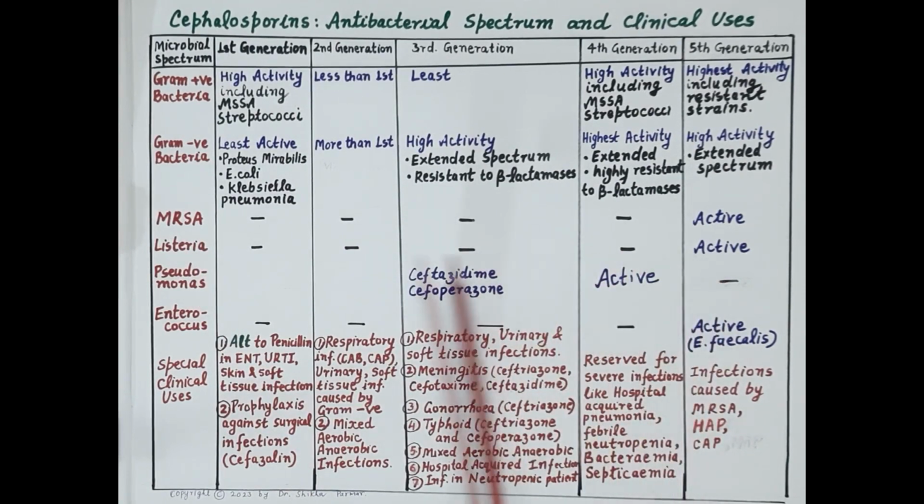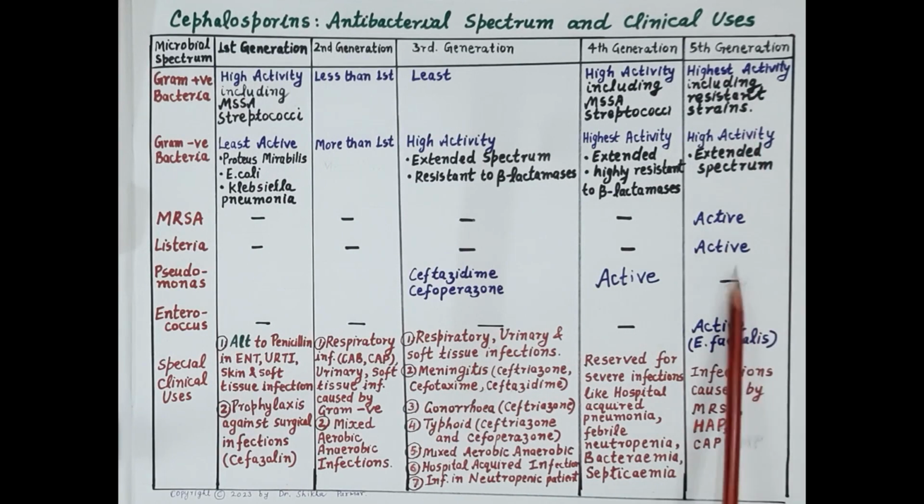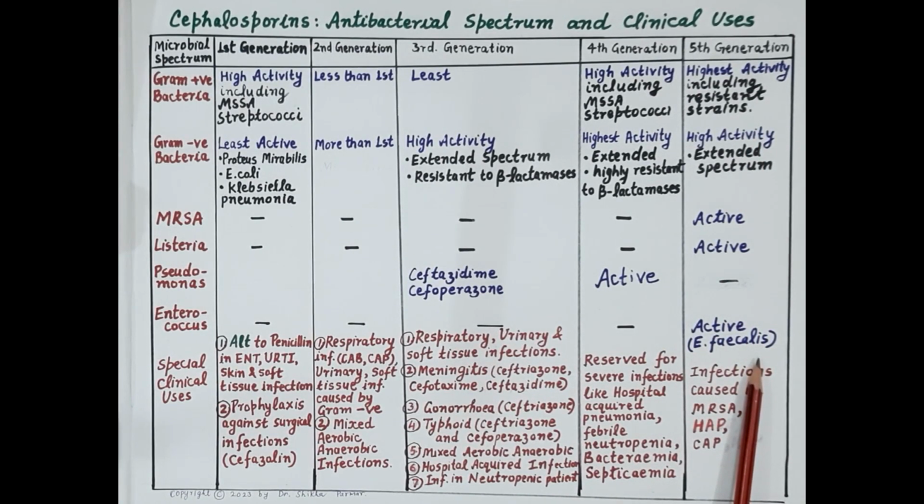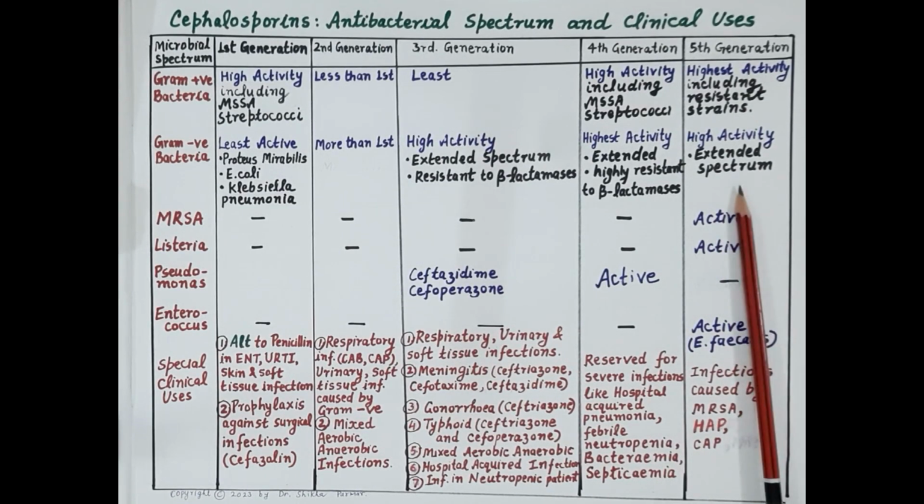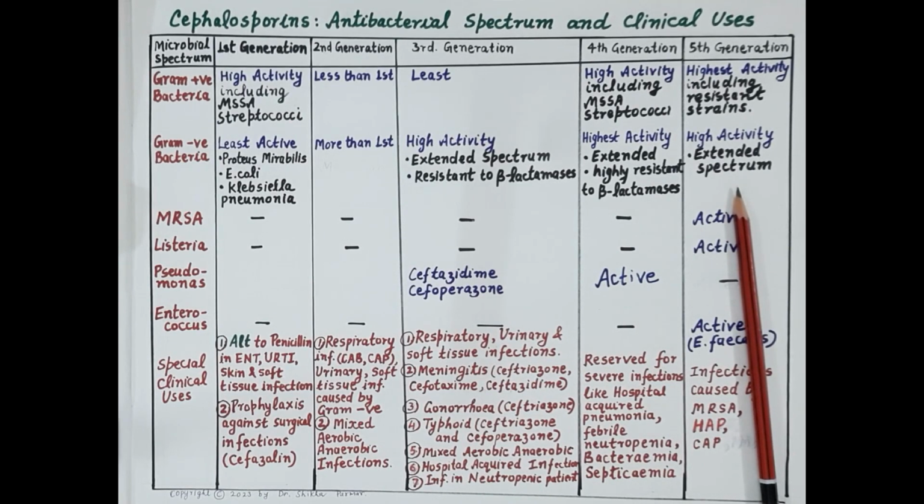It is also active against Listeria monocytogenes and Enterococcus faecalis. In addition to these resistant strains of gram-positive bacteria, ceftaroline also exhibits high activity against an extended spectrum of gram-negative bacteria, but it is not effective against Pseudomonas.